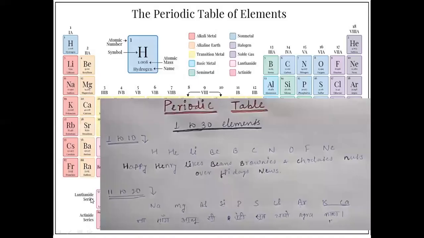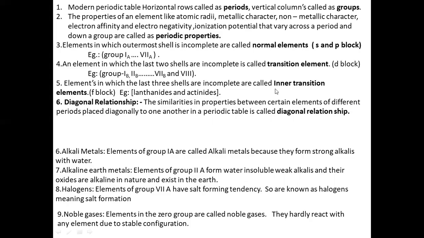They have three incomplete shells, so they are known as F block elements. Here only one shell is incomplete, normal. Normal, transition, inner transition. Are the words fine?